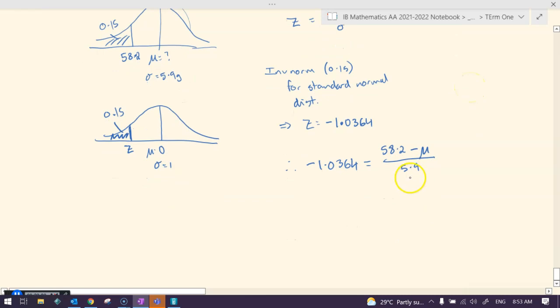So now it's just a bit of rearranging. I can multiply by 5.9, and that would equal 58.2 minus mu. So if I add mu to each side and add 1.0364 times 5.9, I'm going to get the value of mu.